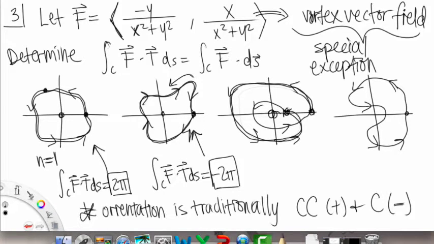So I already gathered up 2 pi in my angle, right? Then I keep going. I'm not done with my curve yet. And then I get back to the start. By this time, I've actually gone around the origin 2 full times. So I'm going to have 2 pi times the winding number, which is 2. Winding number is just how many times you circle the origin. So on this one, it'll be a total of 4 pi.